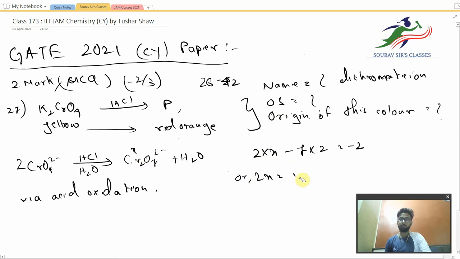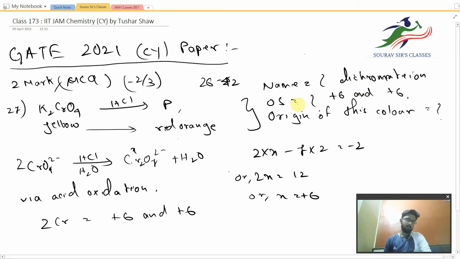I'm sorry, not 14, 12. So x is equal to plus 6. Each of the two Cr atoms has a plus 6 oxidation state.